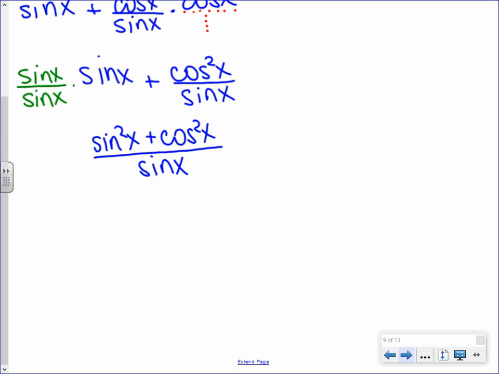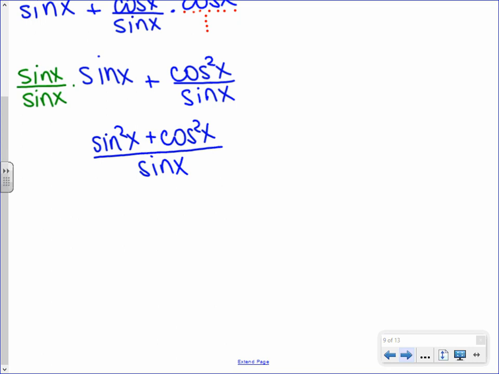Aha! What do you notice? Grace, what do you notice? Okay, sine squared plus cosine squared equals 1.